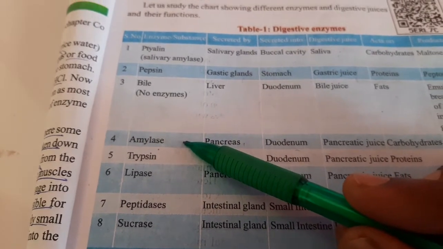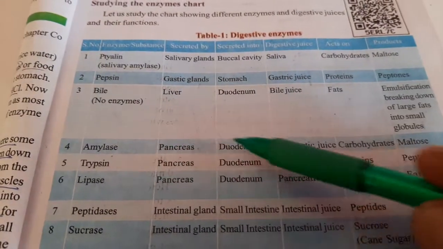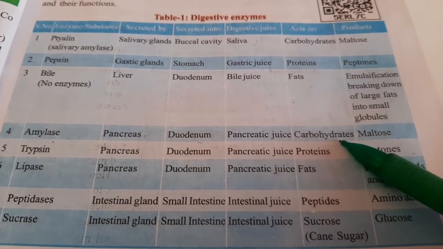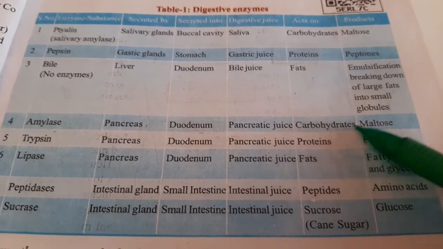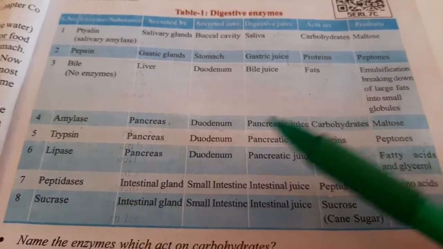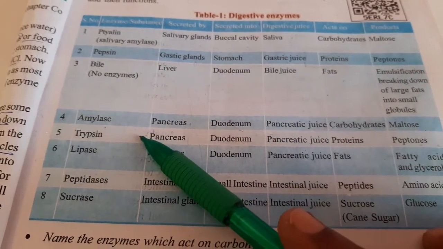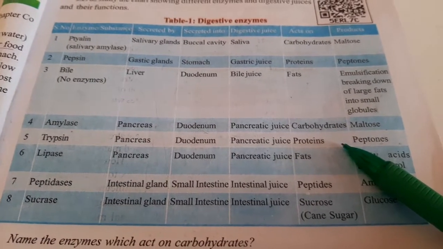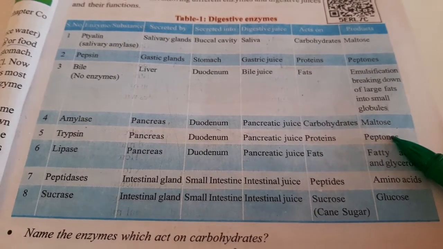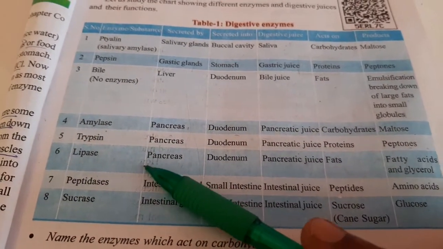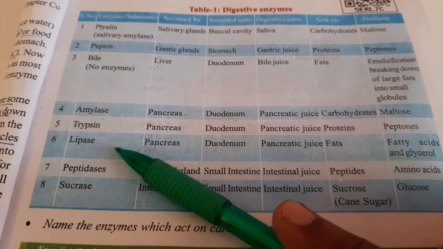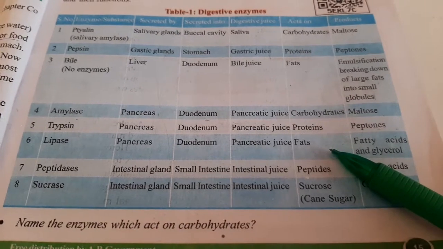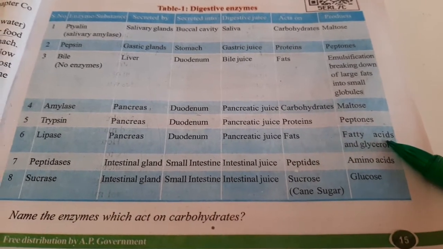So amylase, it acts on carbohydrates and converts the carbohydrates into maltose. Next, trypsin enzyme. It acts on proteins and it converts the proteins into peptones. Lipase. This lipase acts on fats and converts the fats into fatty acids and glycerol.